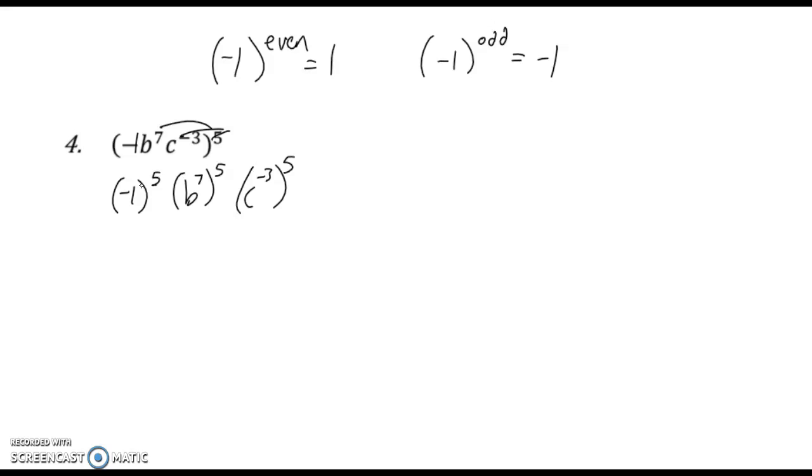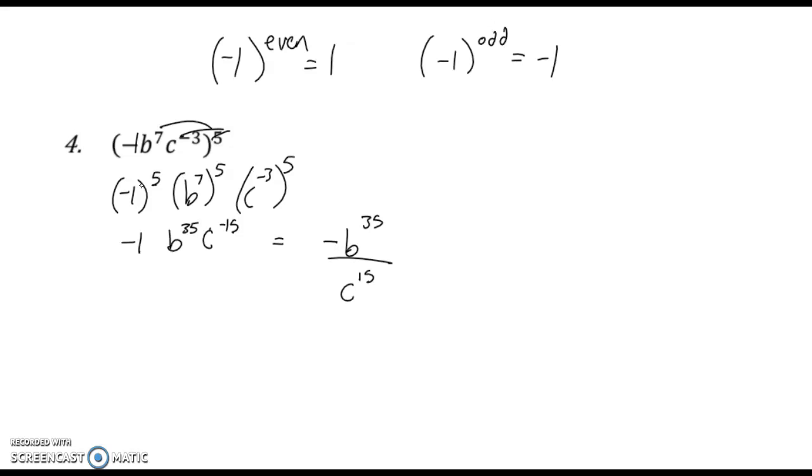So -1 to the 5th, that's an odd power, so it's -1. B to the 7th to the 5th, you multiply, b to the 35. C to the negative 3 to the 5th, you multiply it, and you get c to the negative 15. Okay, so now you have a negative, b to the 35th, and c to the negative 15 moves to the denominator, and that will be your answer.